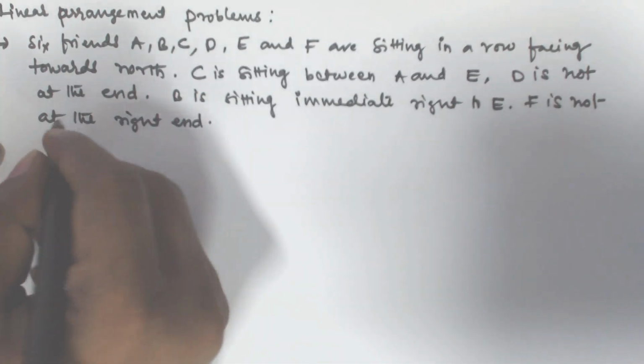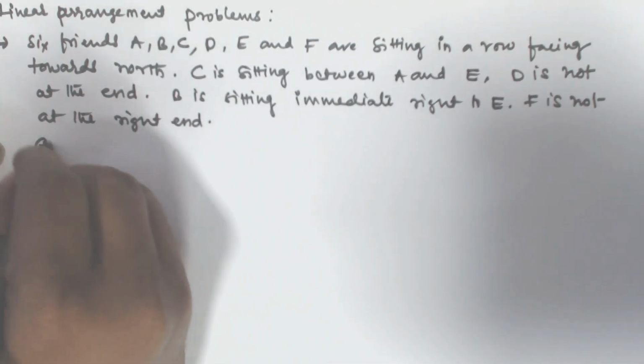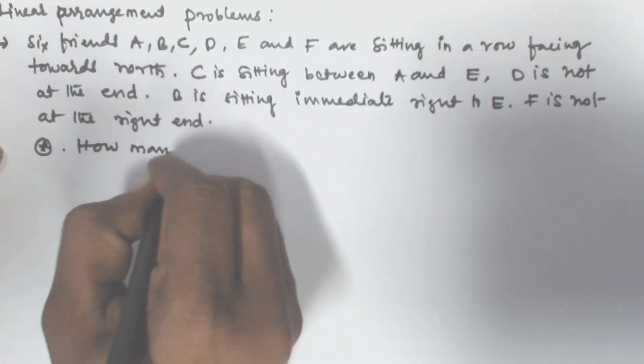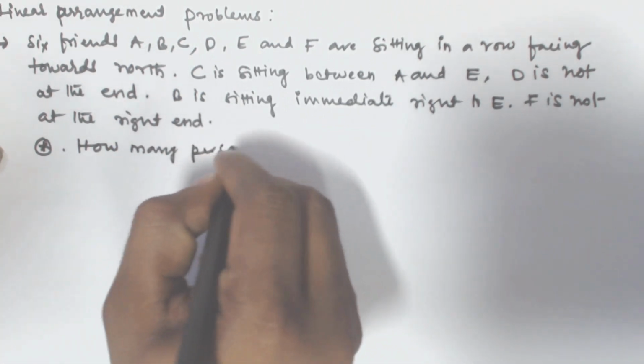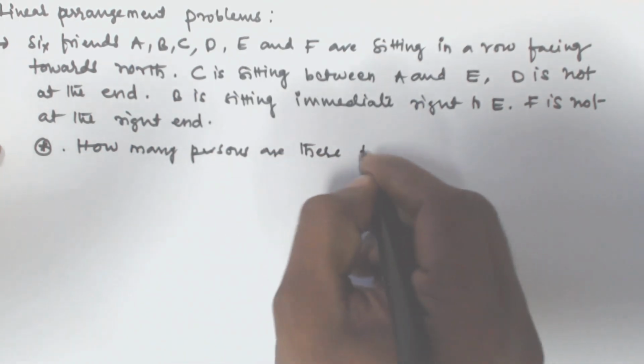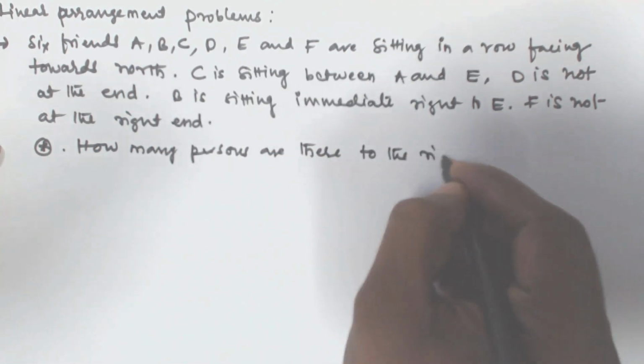So based on this we have to solve the first question: how many persons are there to the right of D?